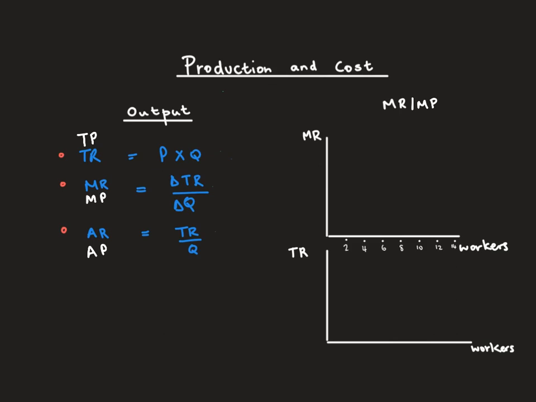So here, for example, we have our graph of marginal revenue and the number of workers. Let's say in our pizza restaurant, we identify that we need more output, so we hire more people. They come with their associated costs, and we want to find out what their revenue is like per product of production.